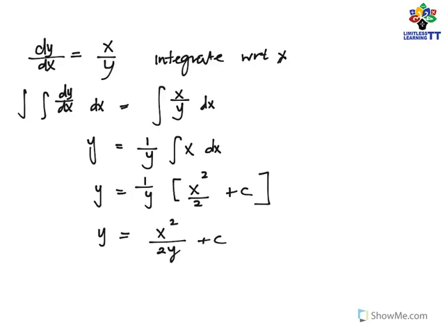I can multiply 2y by both sides to give me 2y squared is equal to x squared plus c. I mean, multiplying your constant c by 2y squared, it's still going to be a constant, right? So plus c. And so now they're asking you to find.